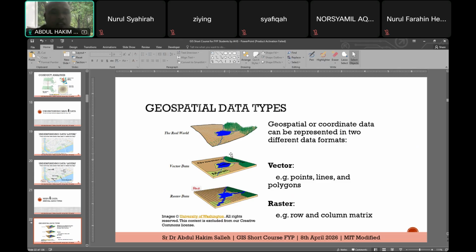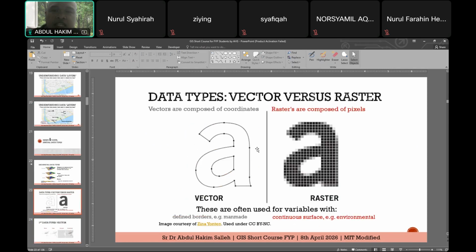Everything, the entire features on Earth can be explained based on these two types of data, as long as it has coordinates. When it has coordinates, it means it is part of spatial data.